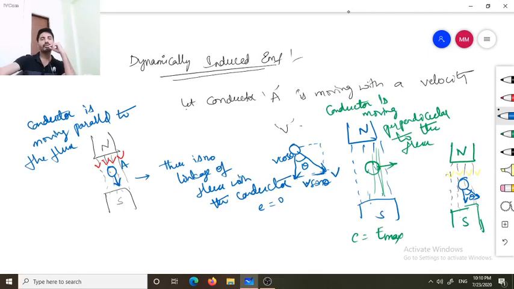So at this particular condition, what is the e value for a conductor moving with some velocity v, making an angle theta? In order to derive this, we have to consider the area and length of the conductor.